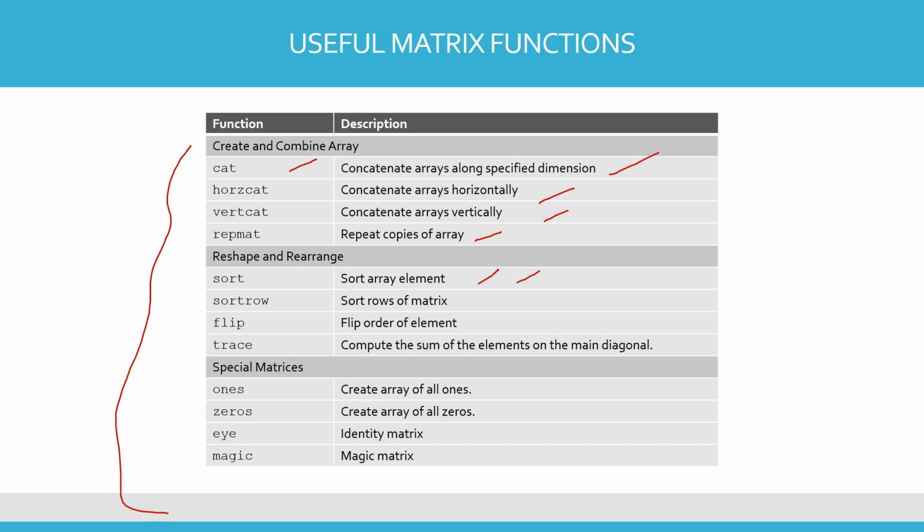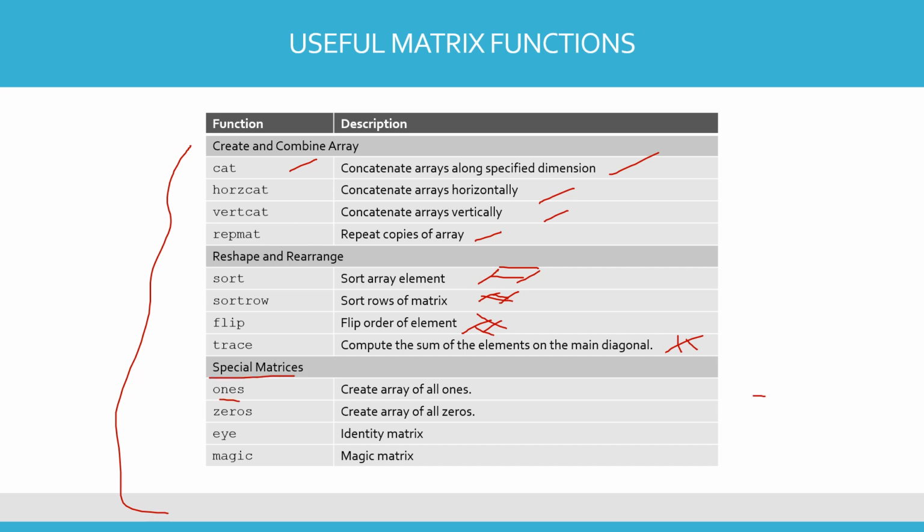You can also use sort, which sorts the matrix or sorts the rows. This one is flipping the elements inside the matrix, and this one computes the sum of the elements on the main diagonal.